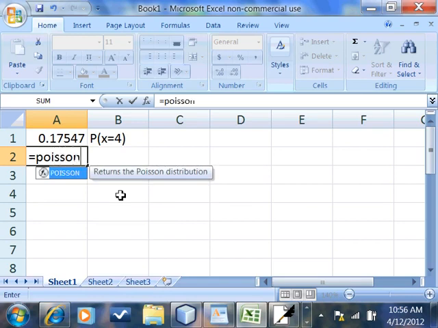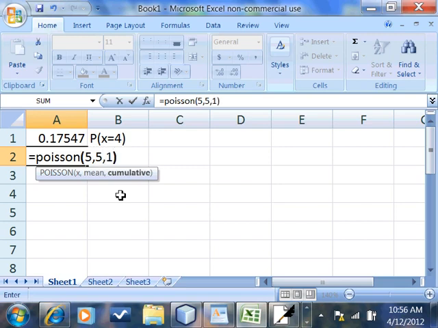We'll do Poisson, and the first value is the ending value, so we'll put 5 in there. Unfortunately, my mean is 5 too. Comma, and I'll do 1 for cumulative. By doing 1 for cumulative, it'll add up all the probabilities from x equals 0, 1, 2, 3, 4, and then 5.